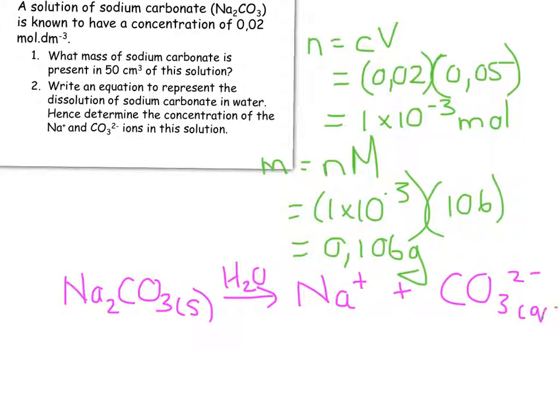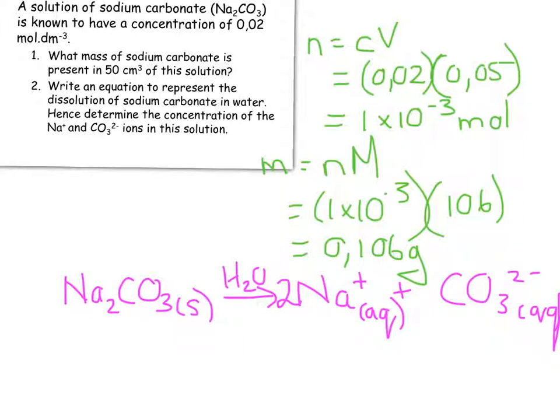In each case, it's appropriate to write my phases as subscripts. I write aqueous, aqueous. This is not right. Inside every single sodium carbonate, there are actually 2 sodium ions bound to 1 carbonate ion. So I now need to put a 2 in front over there.